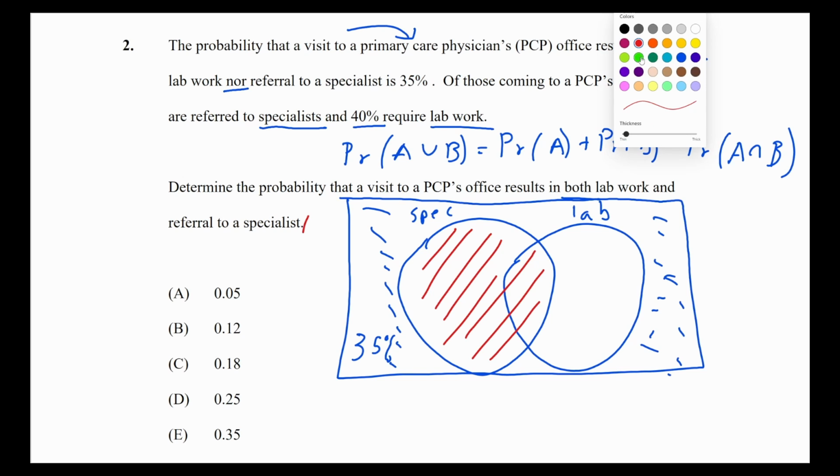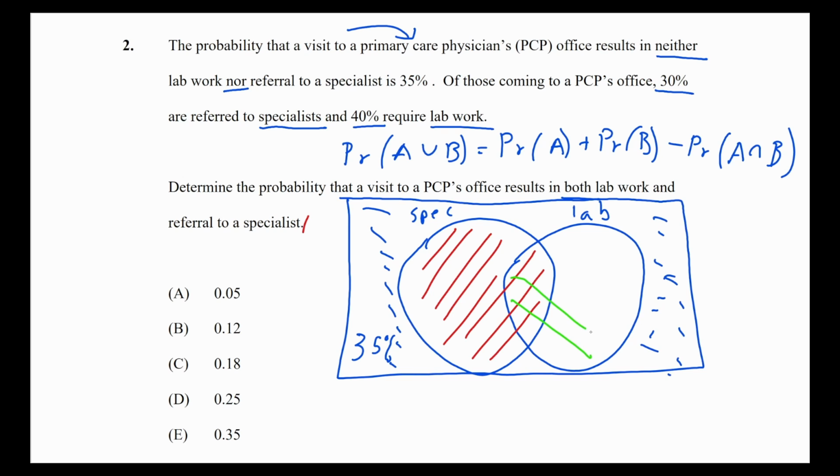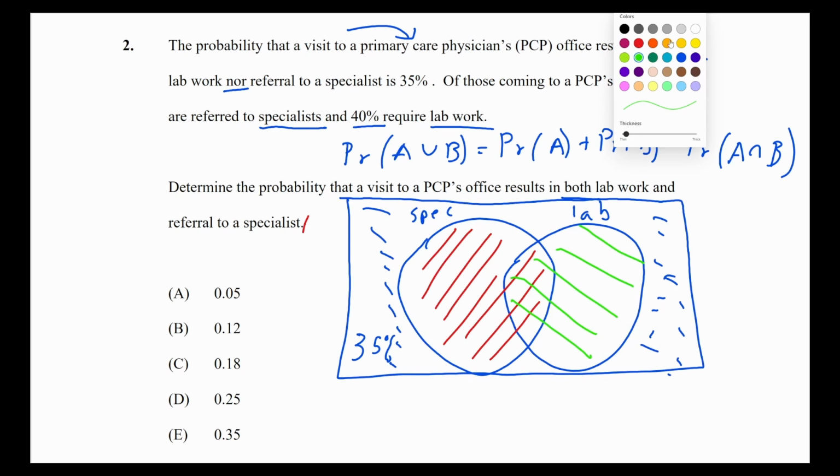And let's go with green for the probability of B. As I'm shading in the circles, you will notice that this middle portion has been double shaded.